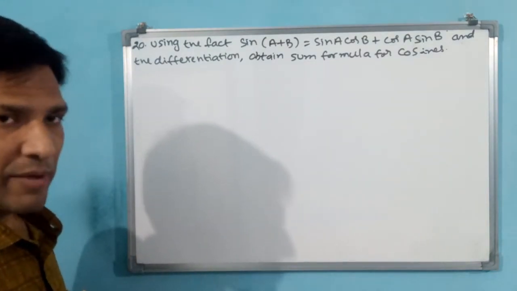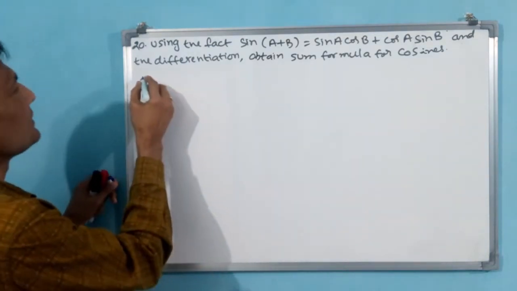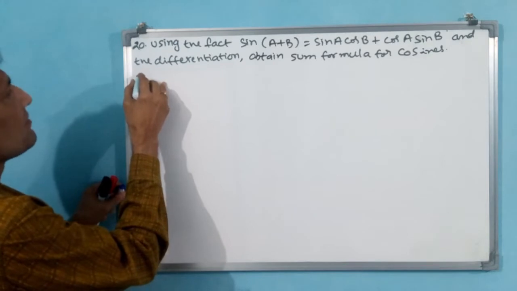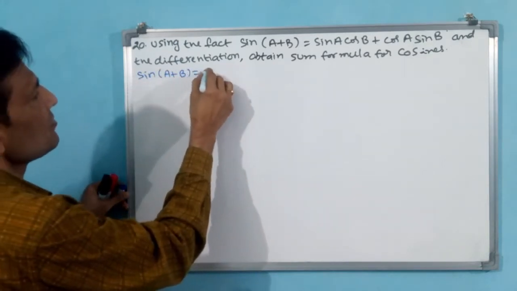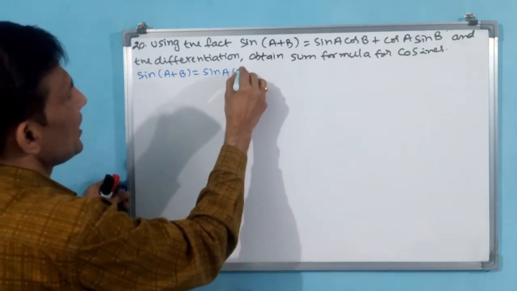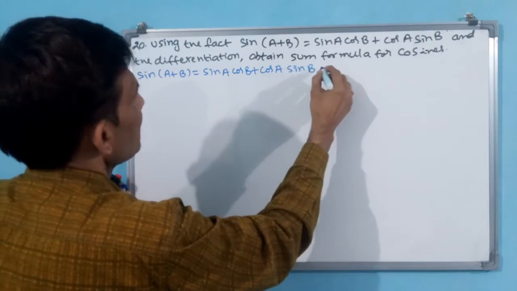See how I am writing, differentiating both sides. Shall I write the formula once again? See, I am writing the formula. Sin of a plus b is equal to sin a cos b plus cos a sin b.